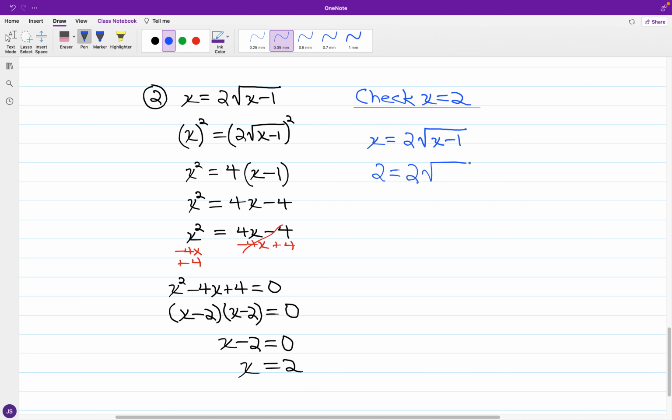We have 2 is equal to 2 times the square root, and x minus 1 is going to be 2 minus 1. And we have the square root of 2 minus 1 is going to be the square root of 1. And the square root of 1 is only 1. And 2 times 1 is 2. And we have that 2 is equal to 2. So we got consistency, and x equals 2 checks out.